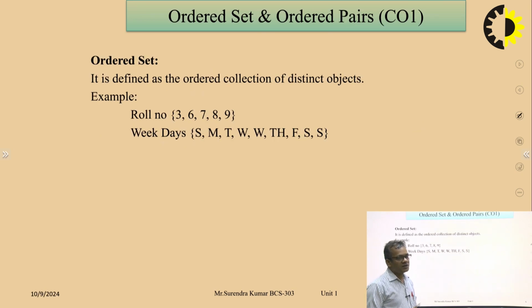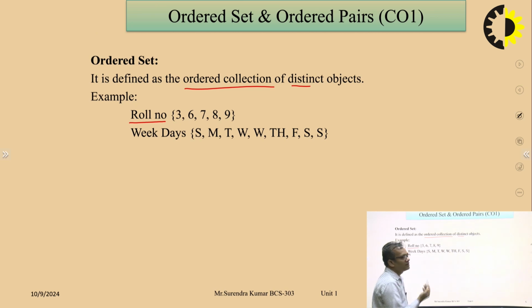So before starting the relation, we must understand what is the ordered set. So ordered set is defined as the ordered collection of distinct objects. For example, we have roll number of a student. So it is in an order.